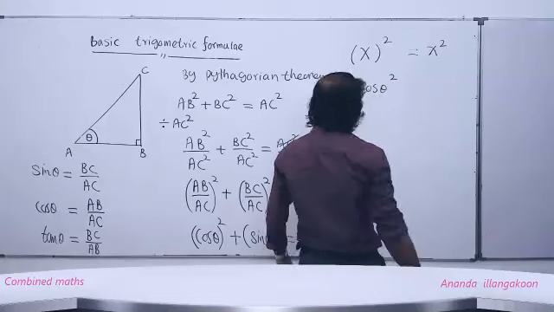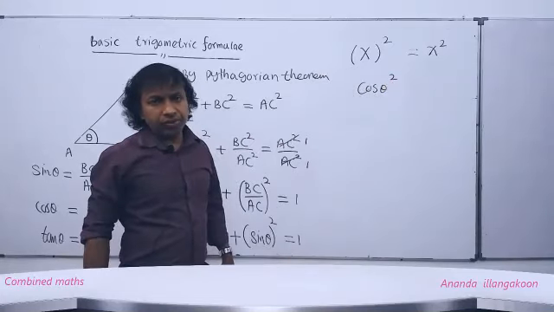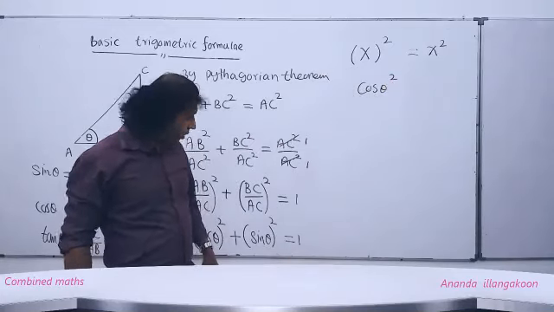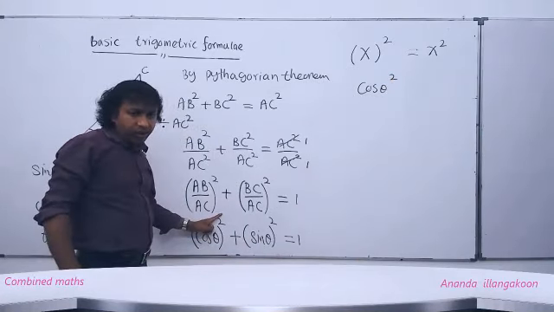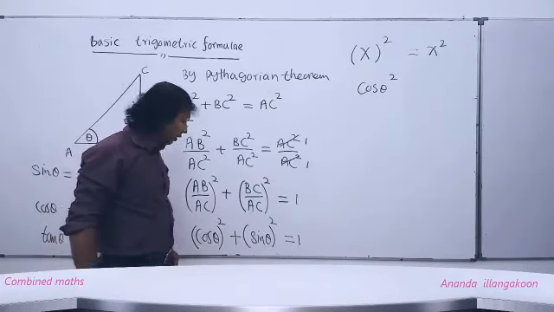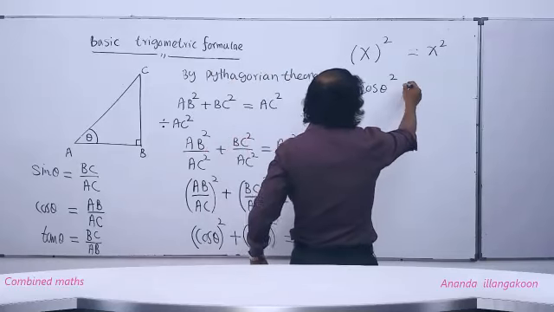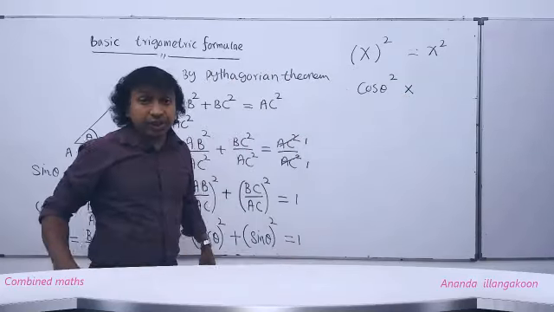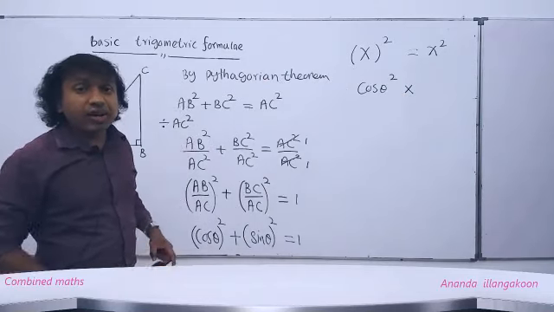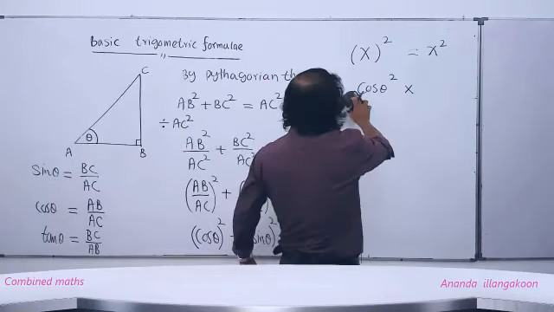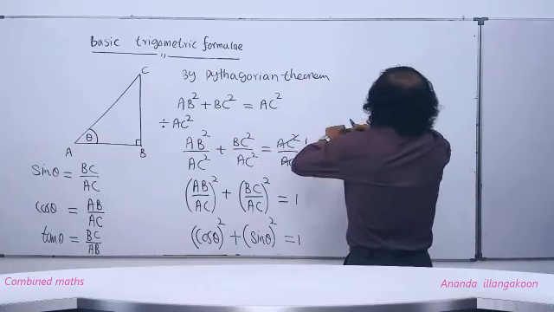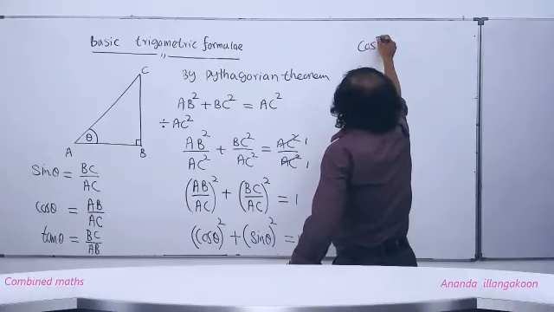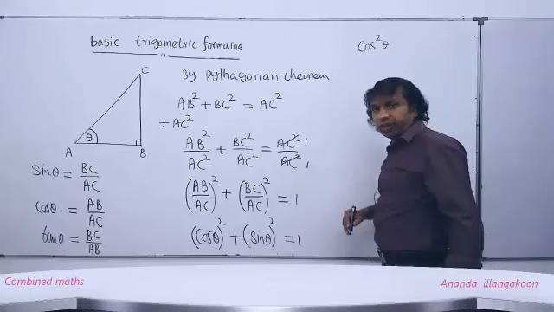No, people, that is not the way of writing this. Cos theta perfect square is written as cos squared theta, this way. Cos squared theta, this way we write.